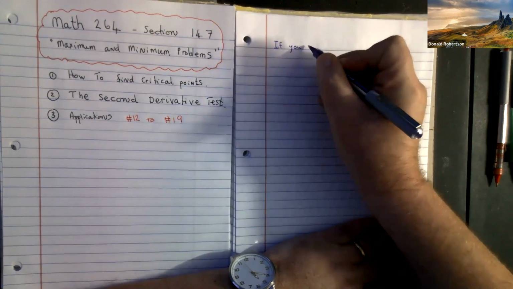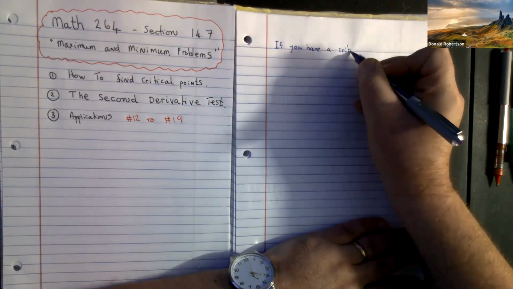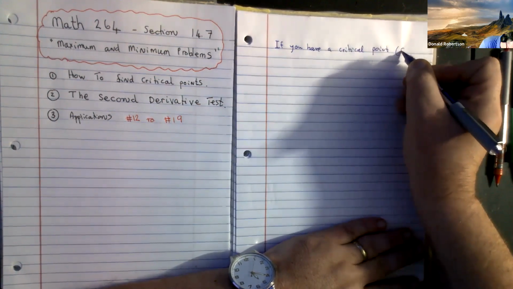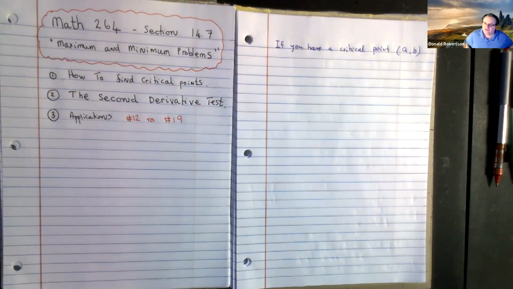The second derivative test says this. If you have a critical point, and let's say its coordinates are (a, b), so that could be (0, 1), (1, -1), whatever it is.